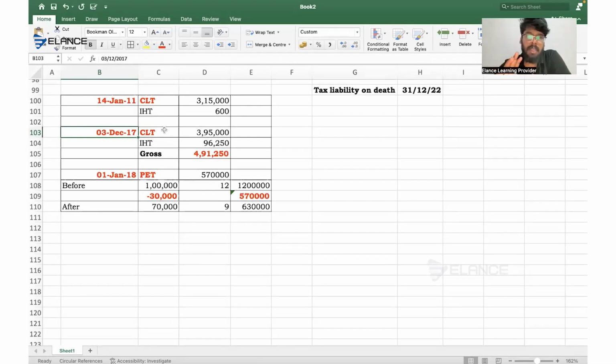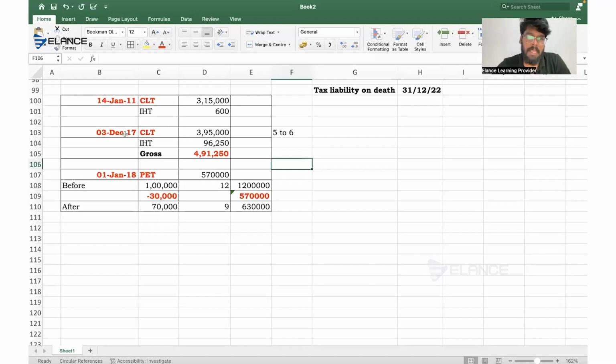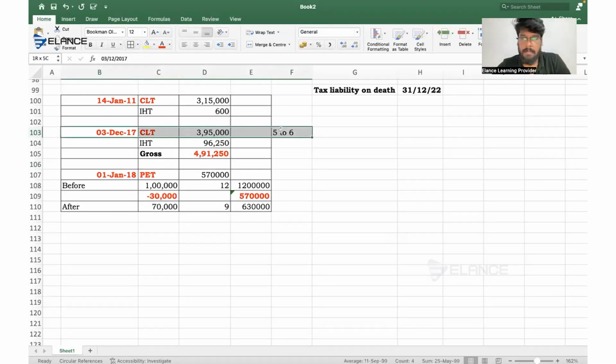Yes, so he died between 5 and 6 years after making this second transfer.